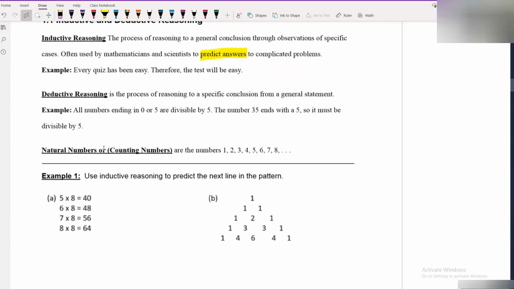Deductive reasoning is a process of reasoning to a specific conclusion from a general statement. Example: all numbers ending in 0 or 5 are divisible by 5, and the number 35 ends with a 5, so it must be divisible by 5.